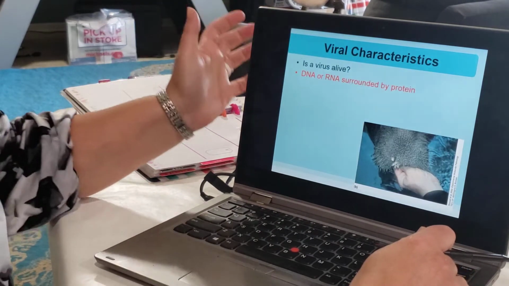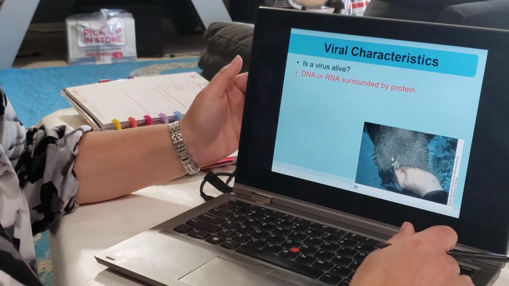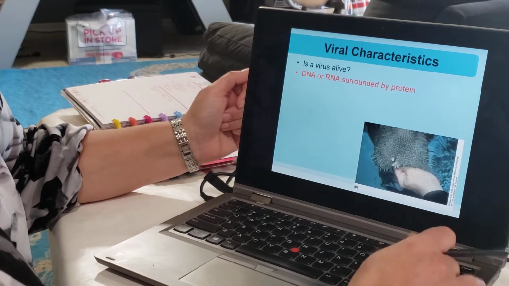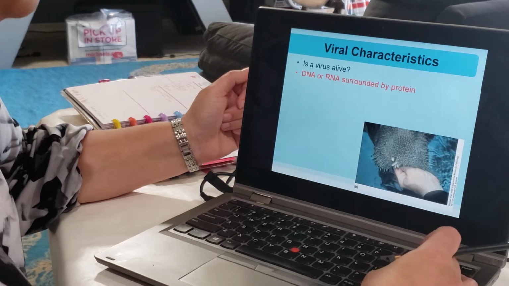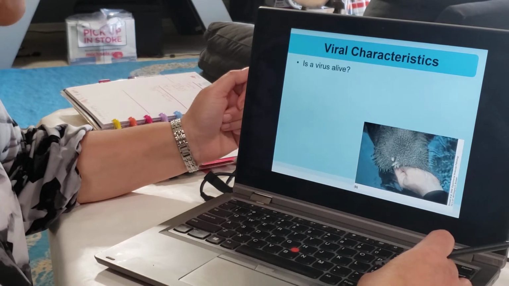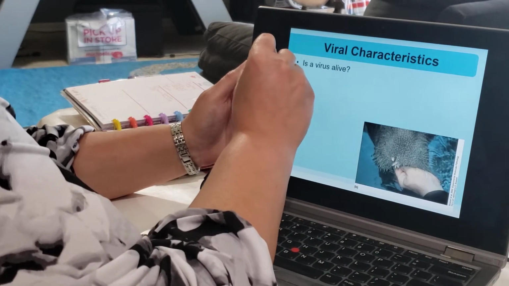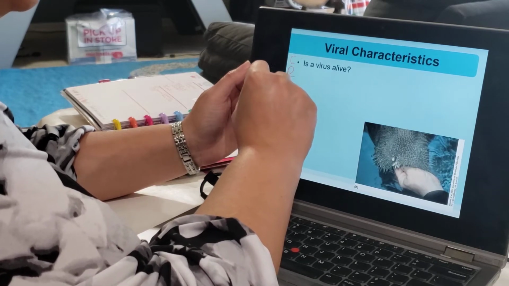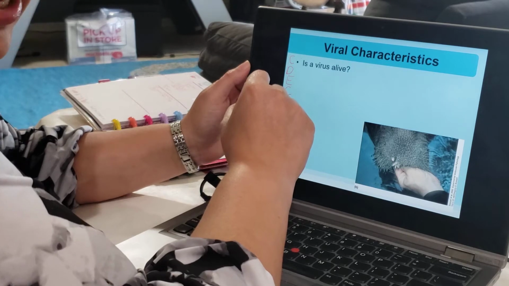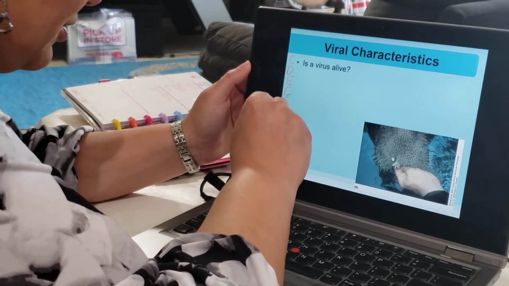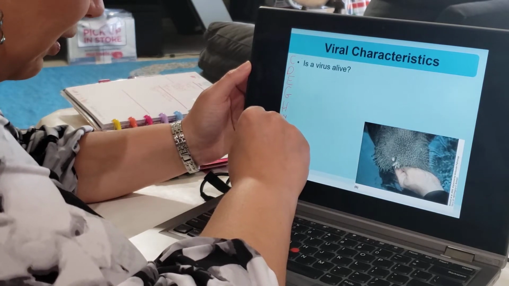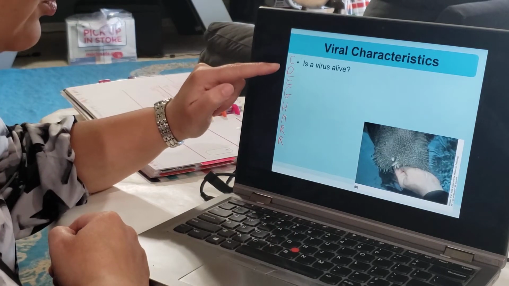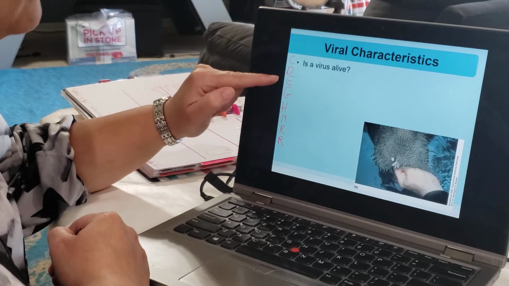Is a virus a living thing? That is one of the biggest debates in science right now. So let's review the characteristics of living things. There are 8 of them: C, D, E, G, H, M, R, R. They have to have cells, they have to have DNA, they have to evolve.